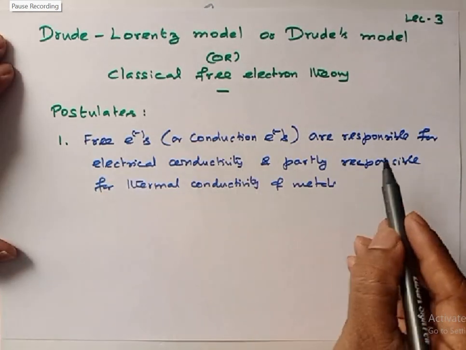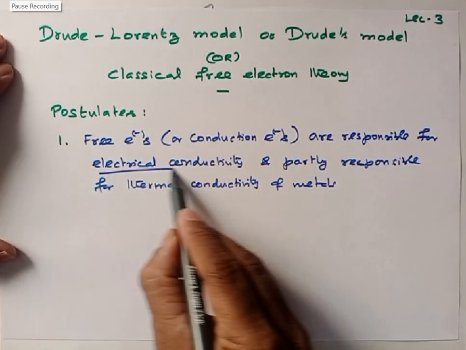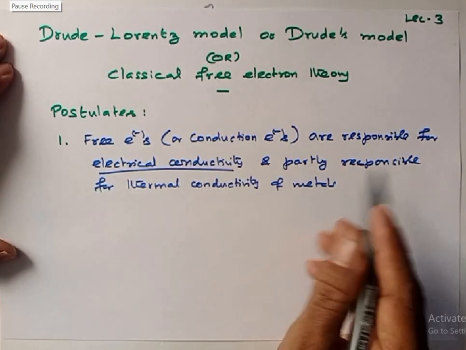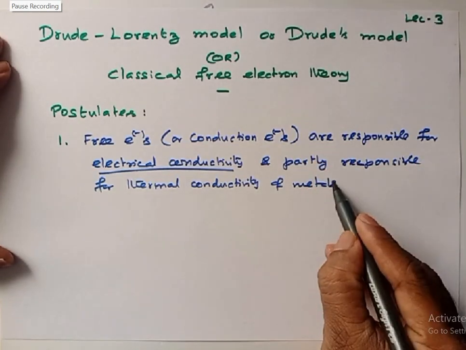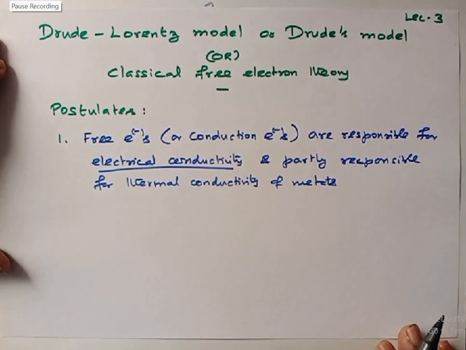Free electrons are responsible for electrical conductivity, and they are partly responsible for the thermal conductivity of metals. Why partly? We'll discuss as we go along.